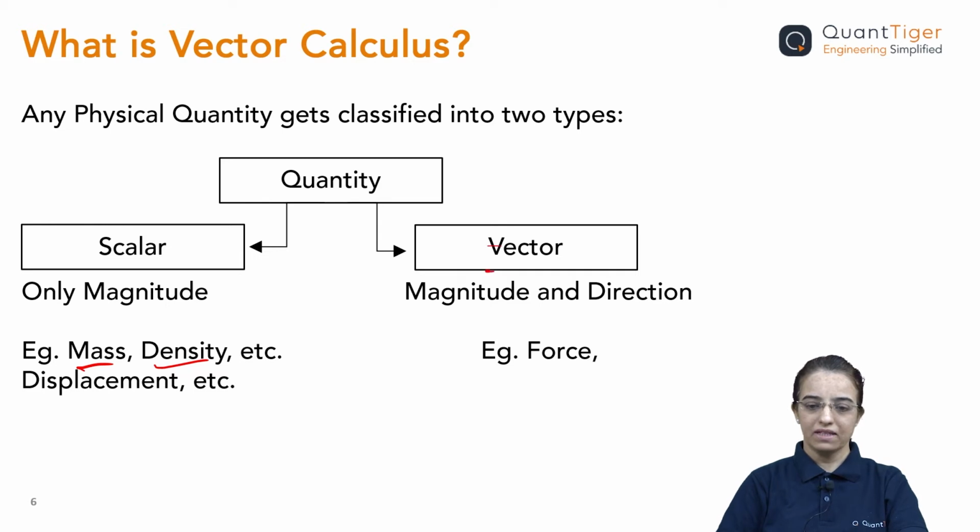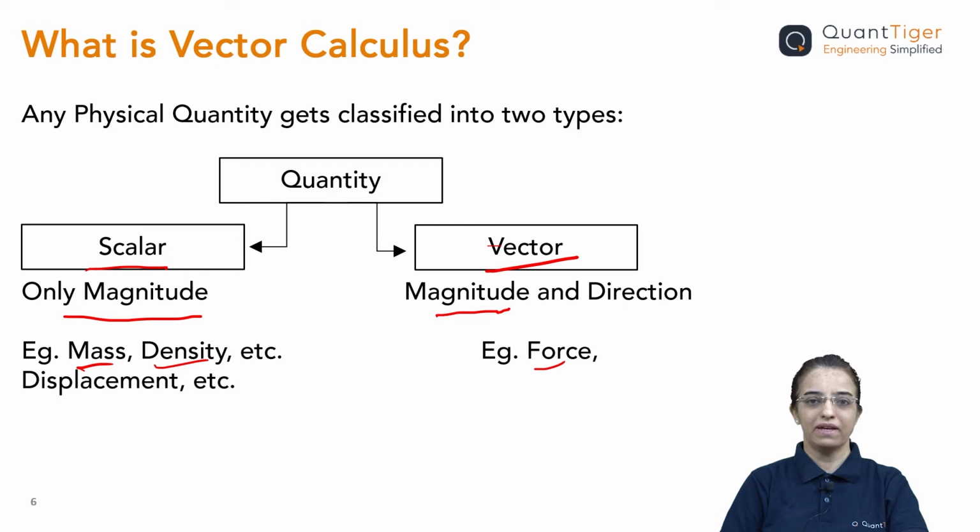But whenever we have a vector quantity, we need to specify its direction so that it becomes meaningful, for example force. If I am measuring the length of a pen, a scalar quantity, it doesn't matter in which direction you measure it, it makes no difference.